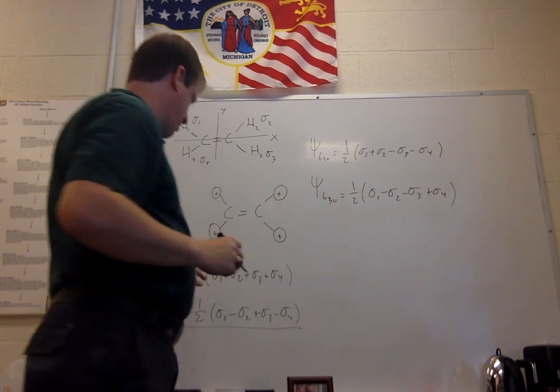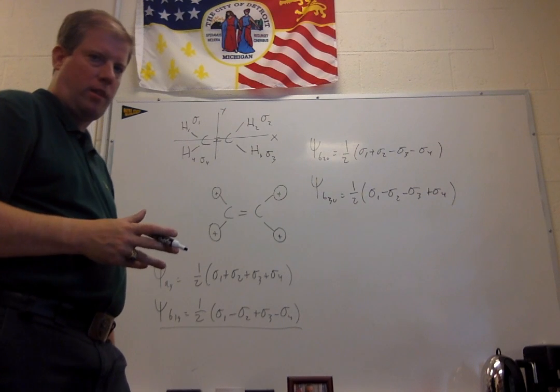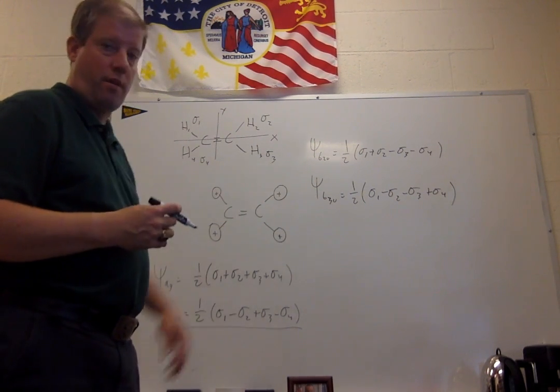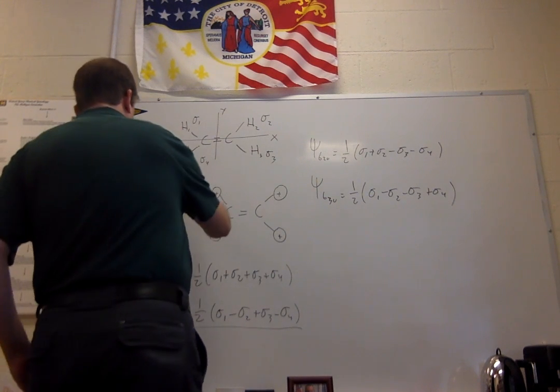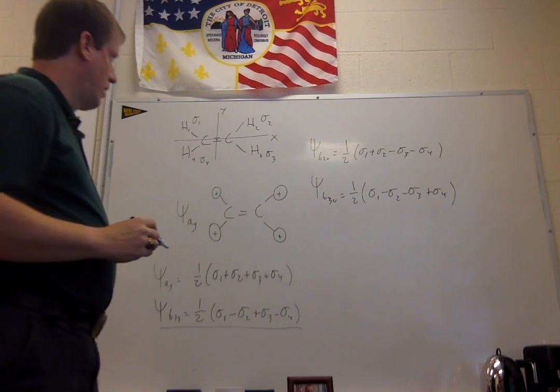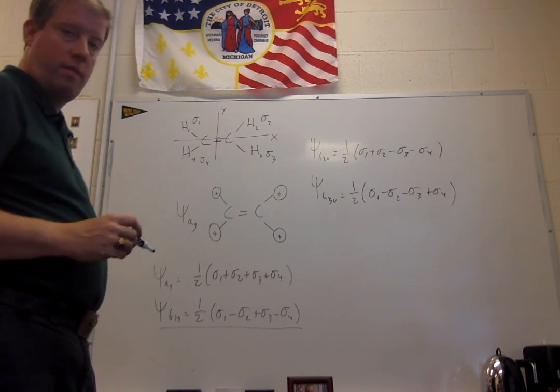So because the coefficients in front of each individual atomic orbital are the same, the contributions, the sizes of the 4 parts are all the same. And so this is a picture of psi AG. I'm keeping this consistent with my numbering scheme up here as well.